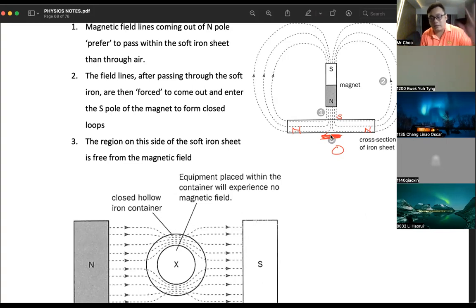This is the thing that is certain. Where is the north and south pole of this shield? I am not certain. But what I'm certain of is this shield acts as a shield, and if you put a magnetic material below, it will no longer be attracted to the magnet, even though it's of close proximity. Understand now? Okay, so let's look at the next one.